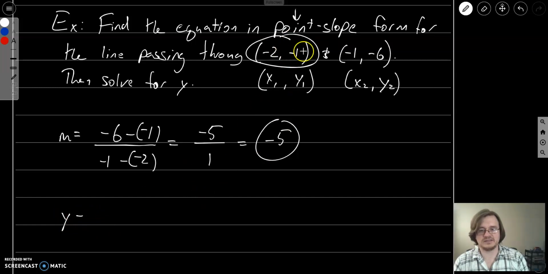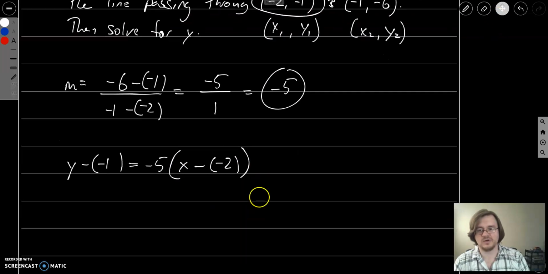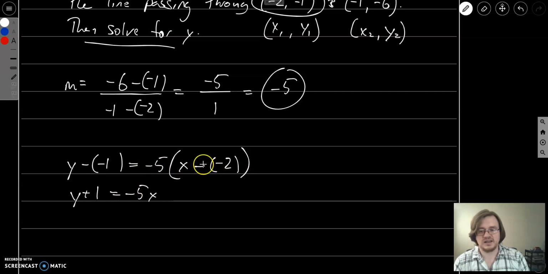y minus y1 is equal to our slope, which is negative 5, times x minus x1, which is going to be negative 2. So we have our point-slope form. Then it asks us to solve for y, so we can do that. This will simplify. Minus a negative 1 is the same thing as plus 1. I can distribute here, so I've got negative 5 times x.